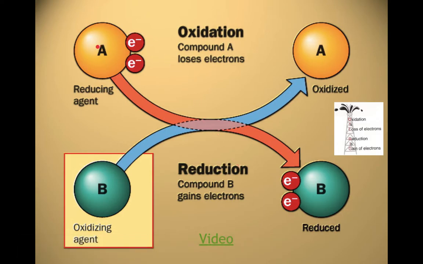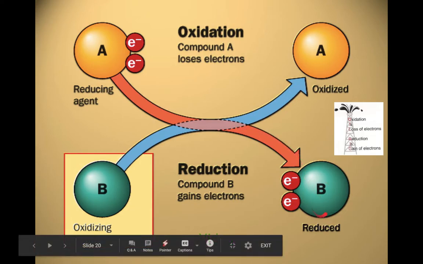In this diagram, we're really focusing on the orange arrow. That is what we're really worried about, where we have a reducing agent that holds the electrons and passes them to the substance which is reduced.